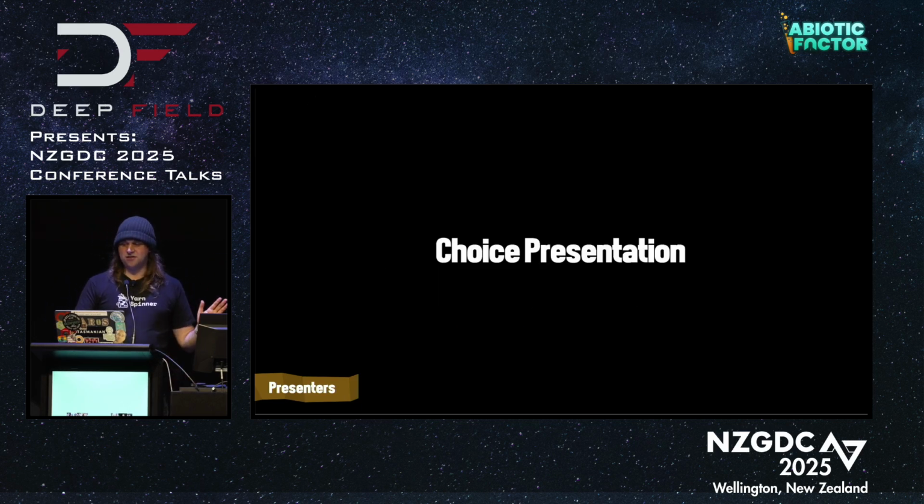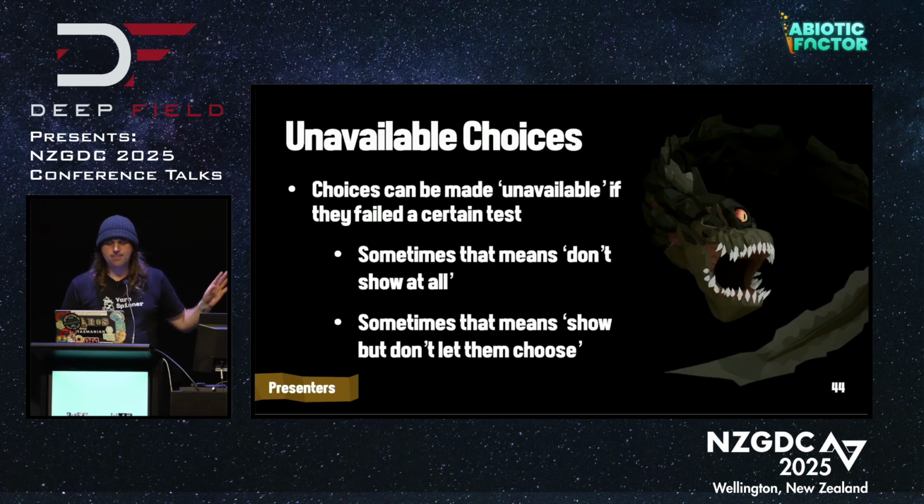Now, choices. The choice system is deceptively simple because there's a whole bunch of stuff that isn't immediately visible. Dredge has a notion of unavailable choices. So this comes from a feature built into Yarn Spinner where a choice can be made unavailable if it fails a certain test.